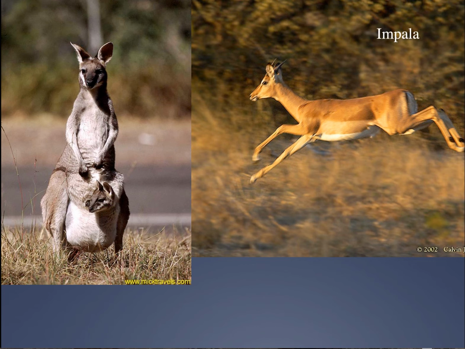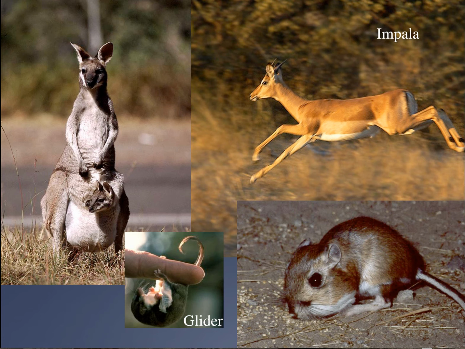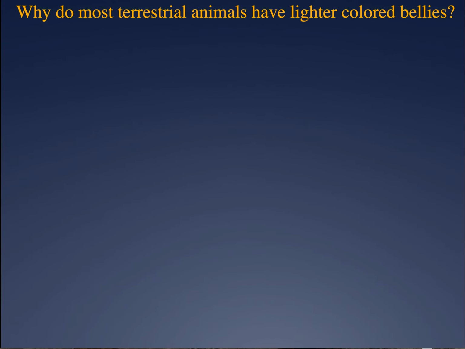Yeah, it's an impala. Here we're seeing a shrew of some sort. I guess it's a sugar glider with a light belly. So it turns out that an awful lot of vertebrates have lighter colored bellies.